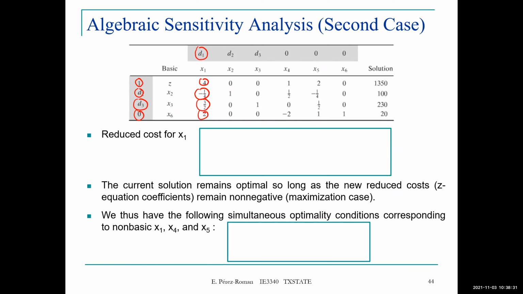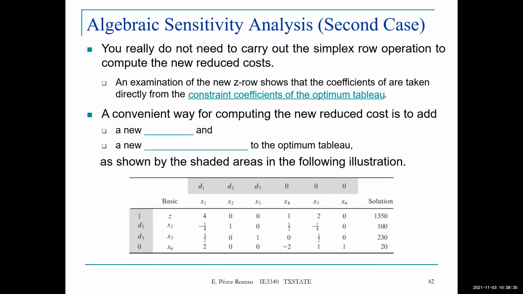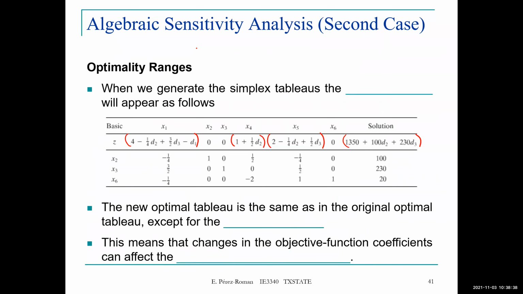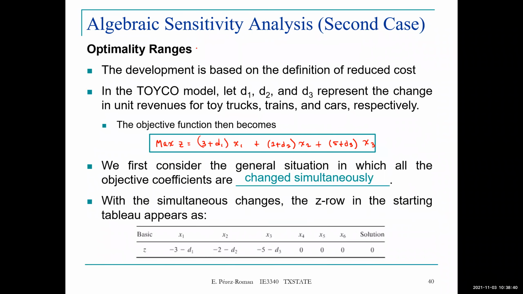Those are the reduced costs that represent the change in the unit revenue for trucks, trains, and cars, respectively.